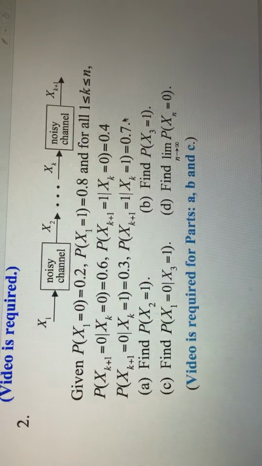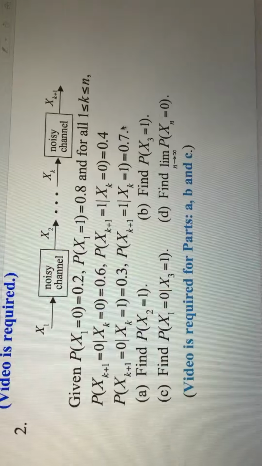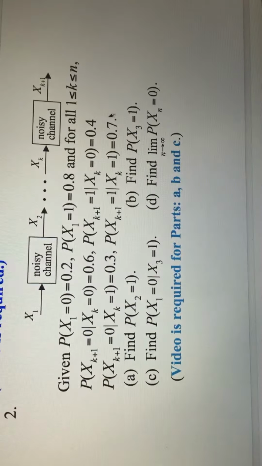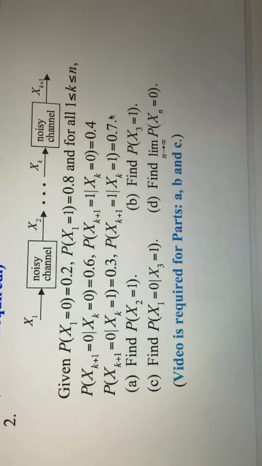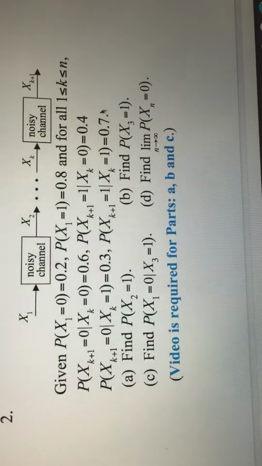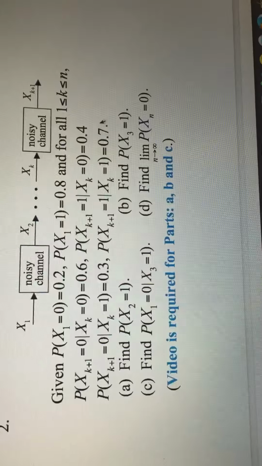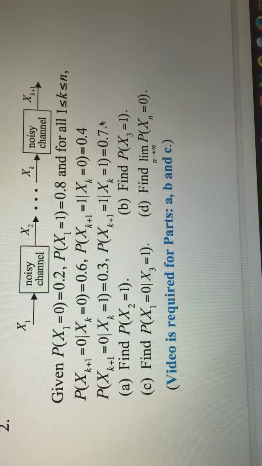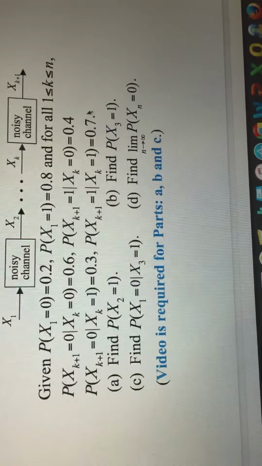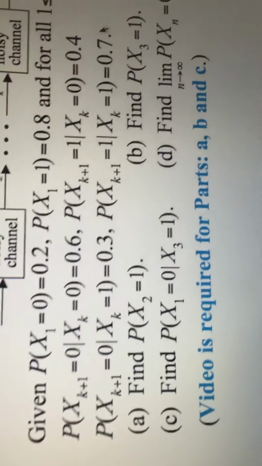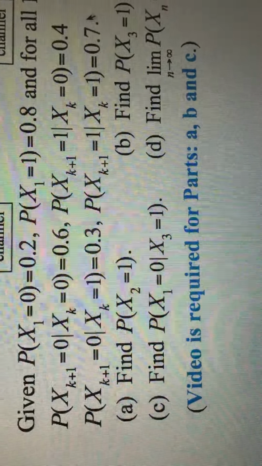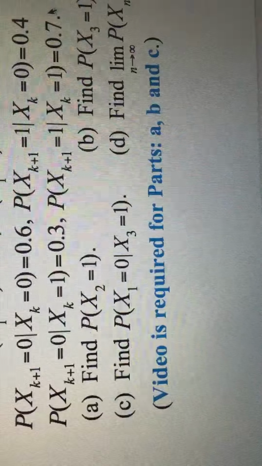We have been given a noisy channel and it takes input xk and gives output xk plus 1. The information that we've been given is probability that input is equal to 0 is 0.2, probability that input is equal to 1 is 0.8, and then other than that we are given 4 conditional probabilities right there.